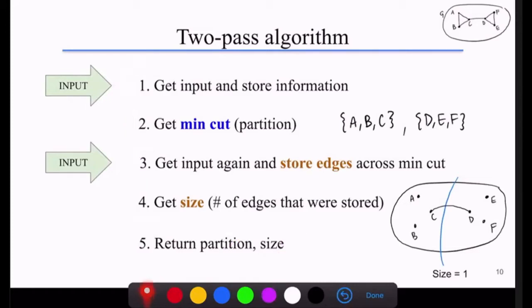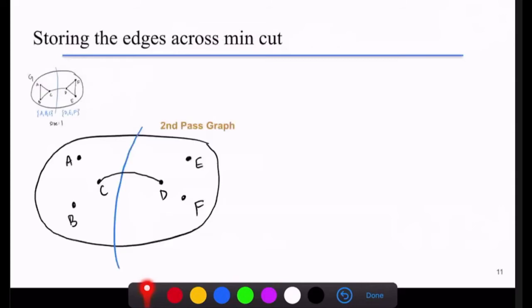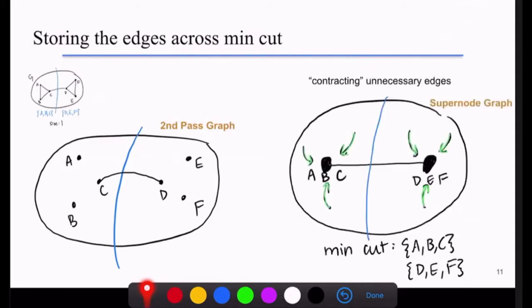Okay, I want to say a couple of things about storing the edges across this partition. We're taking a graph and only storing the edges that cross the min cut, right? So all other edges are kind of useless to us. They don't cross the cut. So what we can do is say, okay, I'm going to subtract all useless edges. And this is basically like saying I'm only going to store a supernode graph.